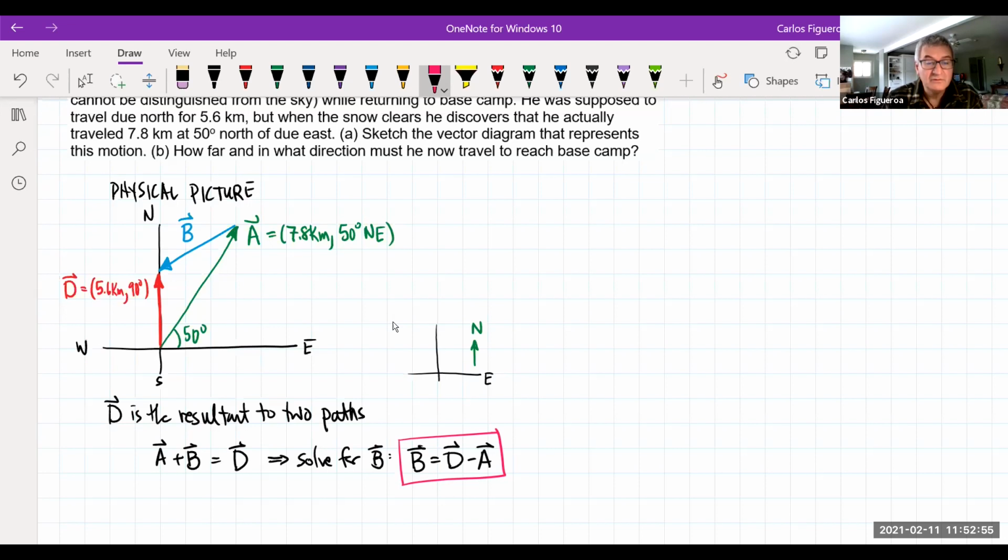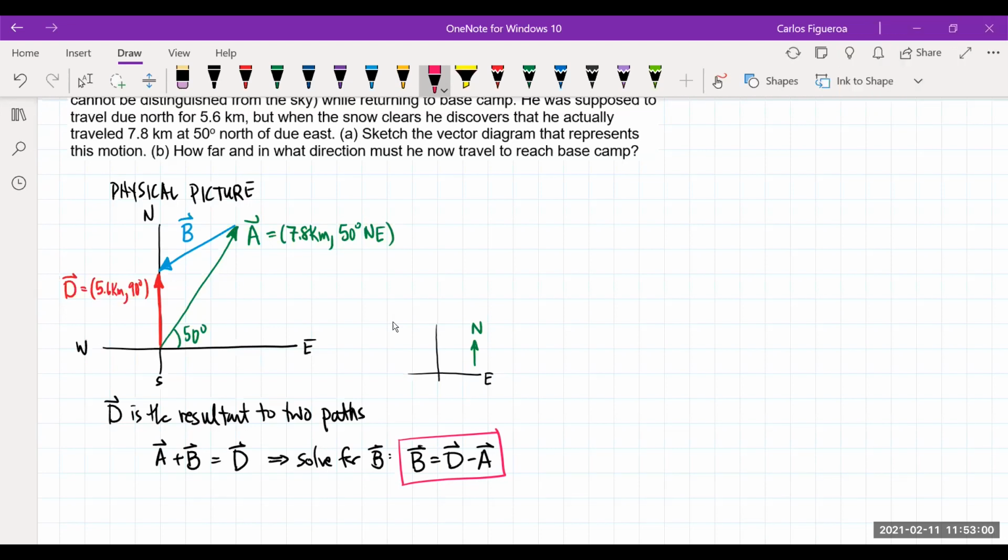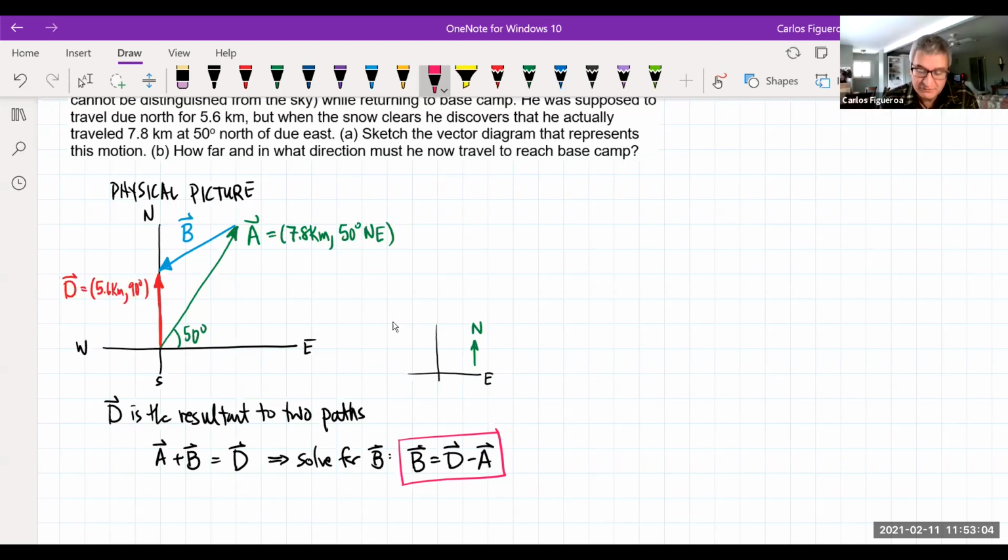So our goal here is to actually calculate D minus A. So let's go do that here. But what's our picture here? What is our mathematical picture? We could keep it right here.